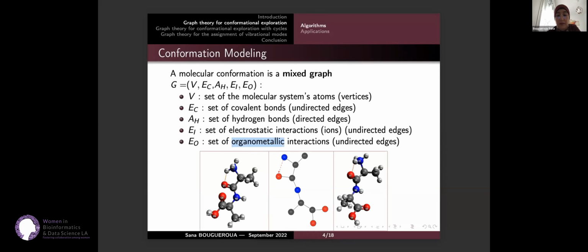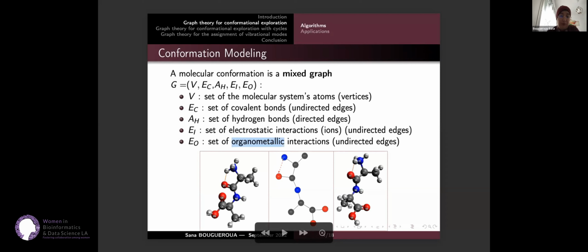So to keep the information about which atom is covalently bonded to this hydrogen atom, we use a directed edge, like here, directed from the nitrogen to the oxygen. This means that the hydrogen atom is covalently bonded to the nitrogen.